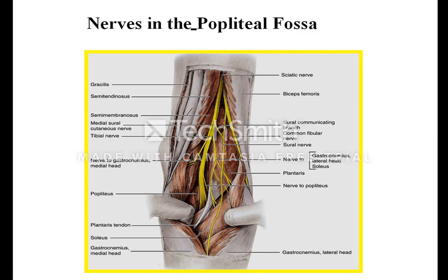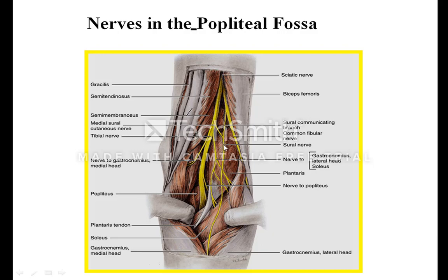So the nerves in the popliteal fossa, as you can see here, this is the sciatic nerve, and this is the common peroneal nerve portion, and here is the tibial portion, and here this is a sural communicating branch from the common peroneal and the medial sural cutaneous.